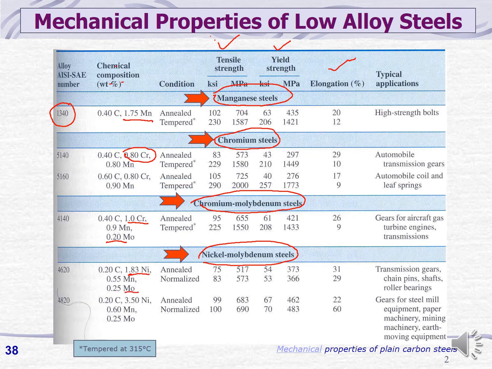So the name of the steel is based on the principal alloying element which has been added to the low alloy steels.